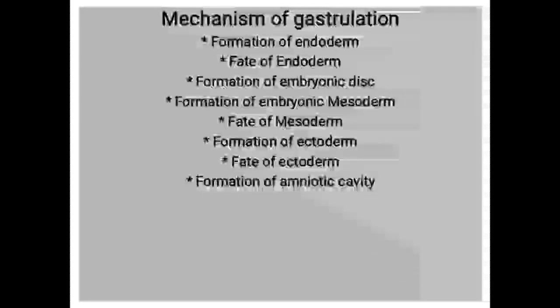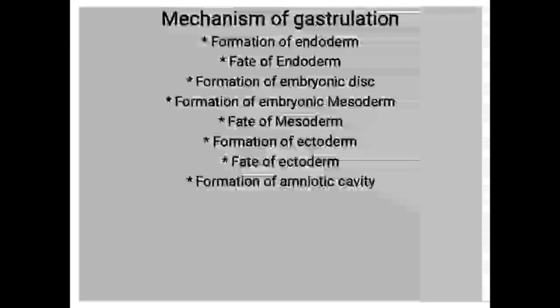The embryo at this stage is tubular and encloses a hollow tube called the primitive gut or archenteron, which is lined by endoderm. So we should understand that the archenteron is the hollow tube cavity which is lined by endoderm.